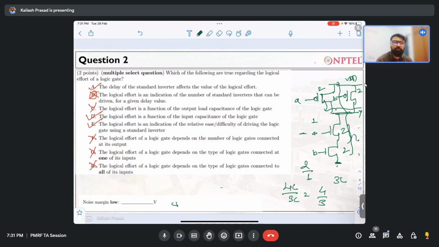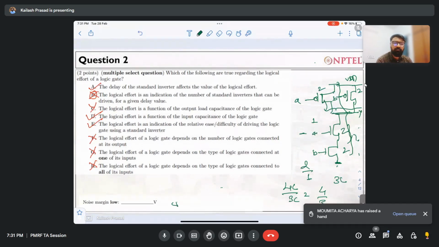And how will it help us? Logical effort is less. Propagation delay will be less for this because the delay expression has P plus G into H. So if G decreases, then the overall delay will be less. Momita, do you want to say something?